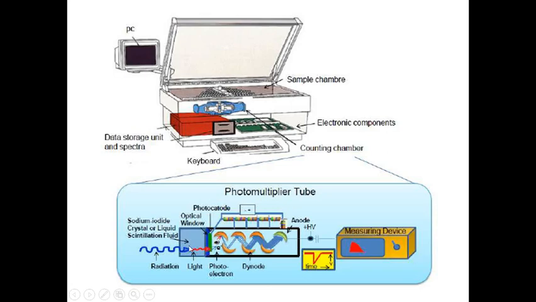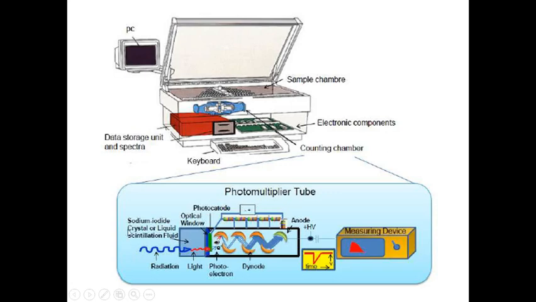So due to the excitation of the fluor or scintillator compound by the ionizing radiations, some light is produced, and that light is captured by the photocathode, which releases photoelectrons, and those electrons travel through these diodes with increasing high voltage, and then that light energy is converted into digital form, and in this way we can count the radioactivity of the radioactive elements.